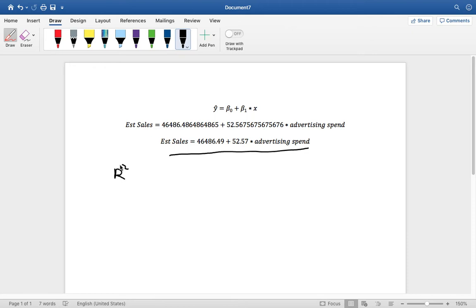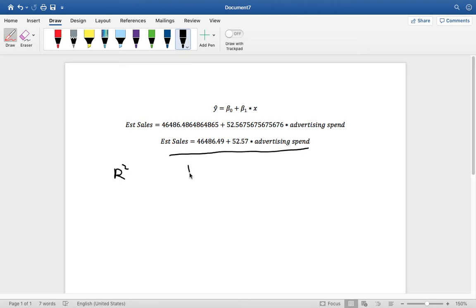So how much your sales vary from their mean, that can be explained by changes in your advertising spend. So it's telling me how much advertising is shifting my estimated sales away from their mean.